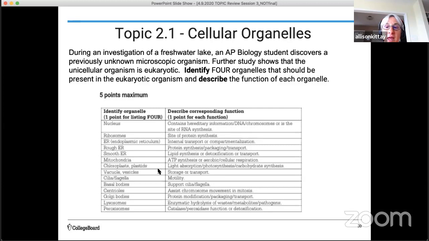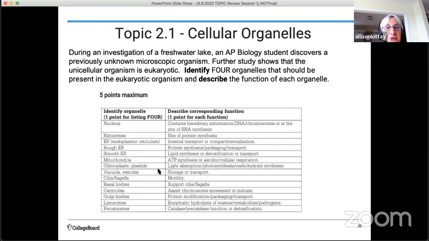And then for each of those organelles you listed, you would earn an additional point if you had the function correct. And the reason that these organelles are listed in the order they're listed is that's how often they appeared in the responses by students the year that this question was given.